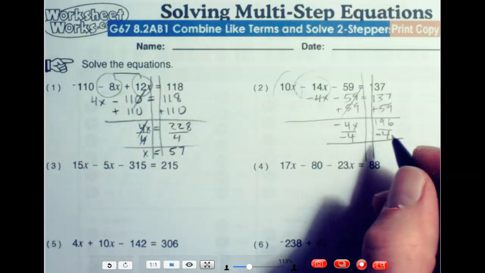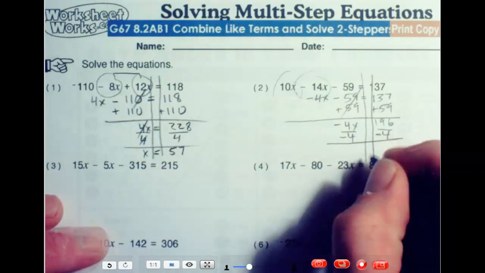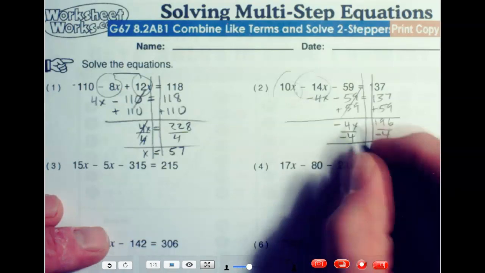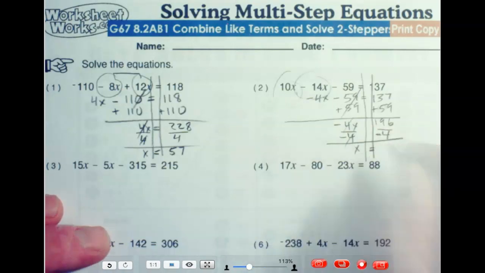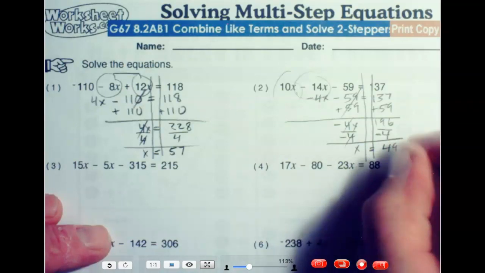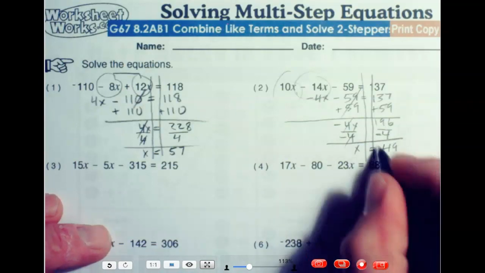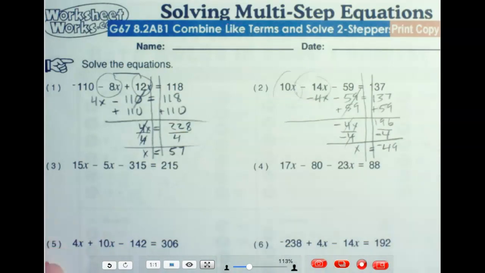But why not just divide by the negative so you can save a whole extra step on your equation here. So negative 4 divided by negative 4 will leave me a positive x equals 196 divided by 4. That should be 49. It's positive divided by a negative, so that's going to be negative 49. And so this is the way you want to work through these.